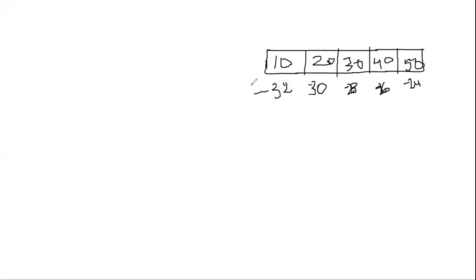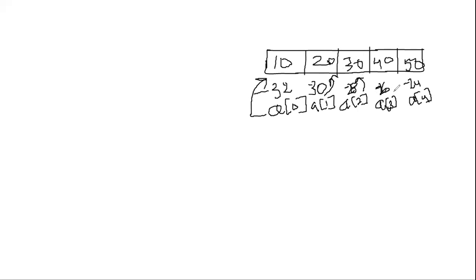Okay, so this one is a of 0, a of 1, a of 2. So the index is 0, 1, 2, 3.